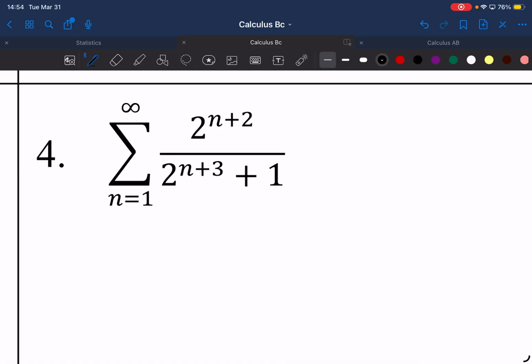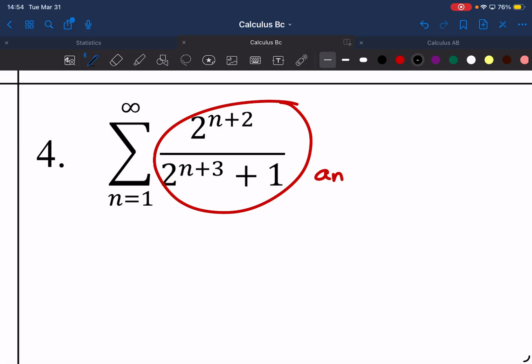Okay, number 4, we have the summation of n equals 1 to infinity, and then we have the following. This is our a sub n. Before we start finding the limit as n approaches infinity, we can go ahead and manipulate a sub n and rewrite it. So instead of having those exponents add, let's separate them and give them each their own base.